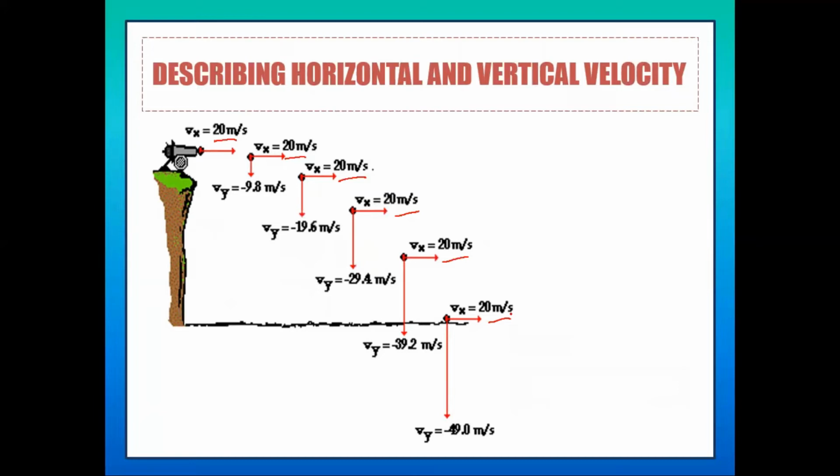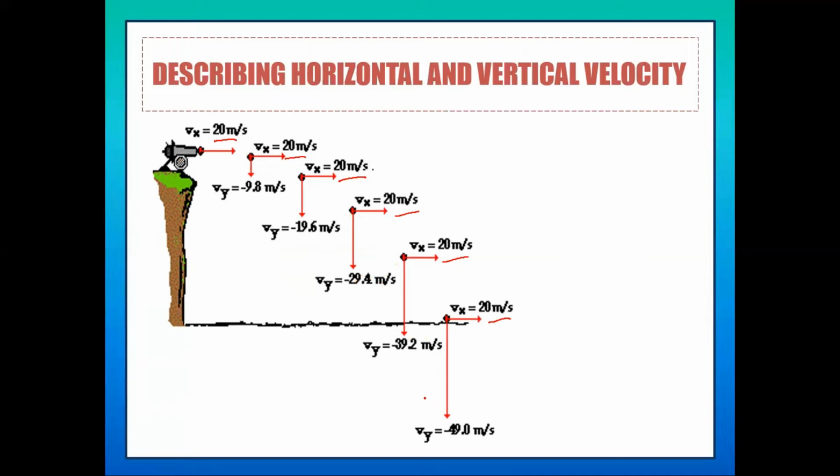Now for the vertical motion, okay, the downward arrows, you would see that there is an increase in the velocity, which is 9.8 meters per second ang tinataas, right? That is due to the force, which is gravity, and that force accelerates the motion of the object.